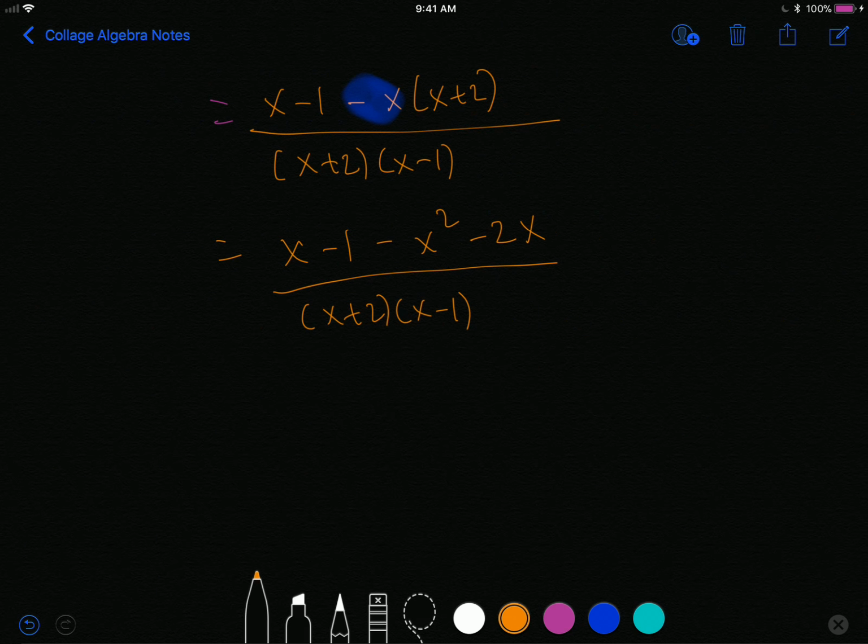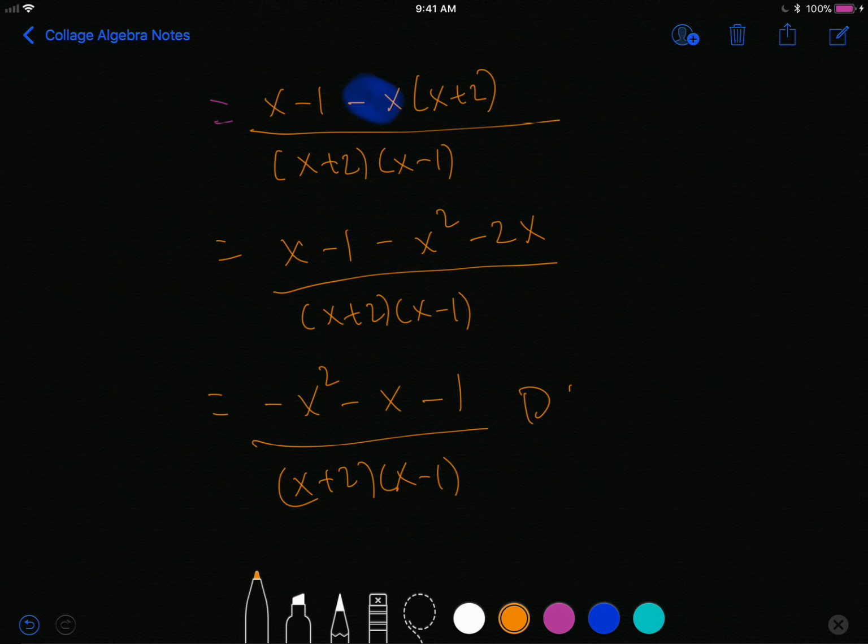And of course, I simply group like terms. And so that will leave me with negative x squared minus x minus 1 over x plus 2 times x minus 1. And again, I have the same domain: x such that x cannot equal negative 2, x cannot equal 1. Go ahead and see if you can give that domain in interval notation as well.